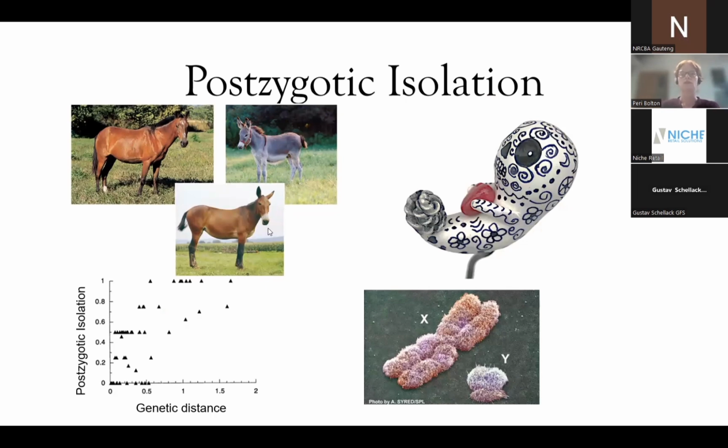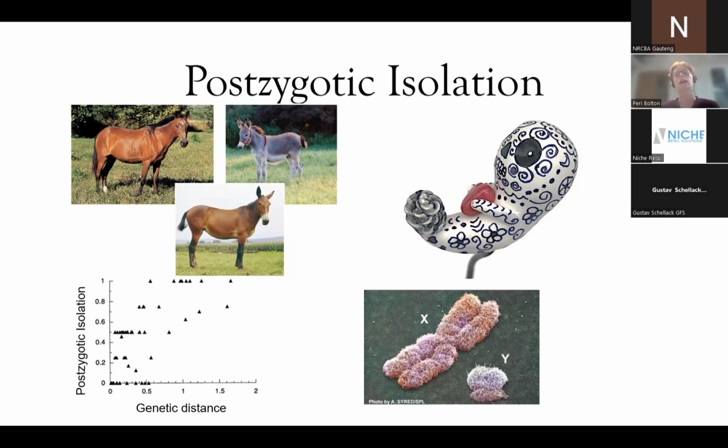This might be infertility or offspring mortality. And research has shown that essentially as two species become more and more distinct from each other, the degree to which these effects of infertility and mortality occur becomes greater.